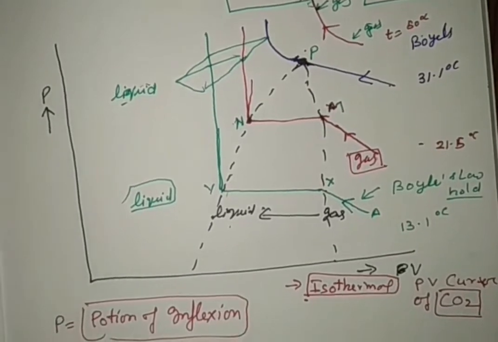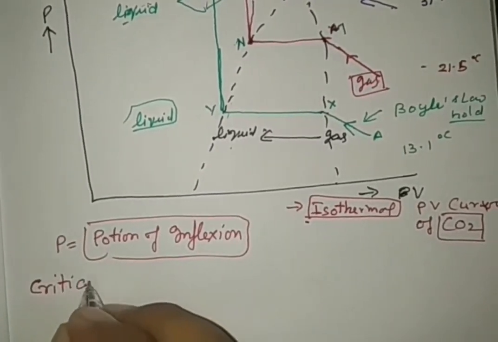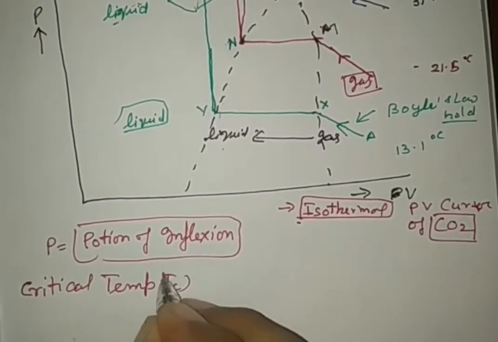So now see the definition of critical temperature, which is denoted by Tc.